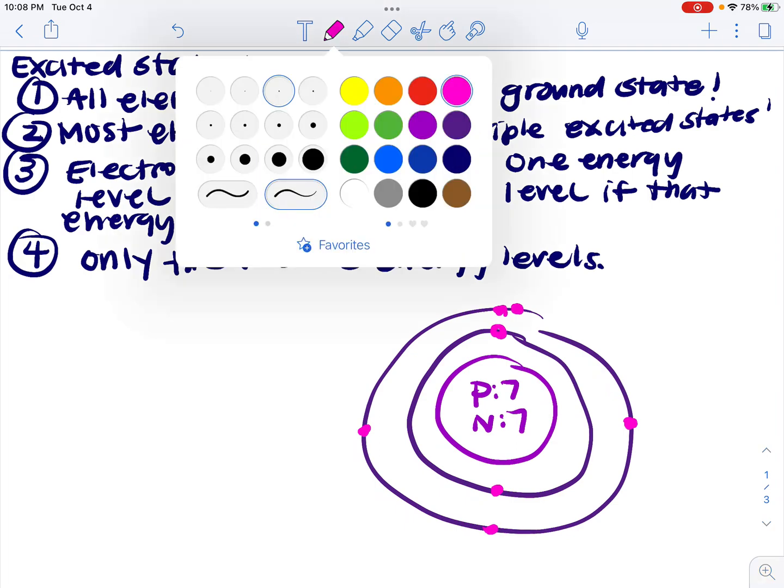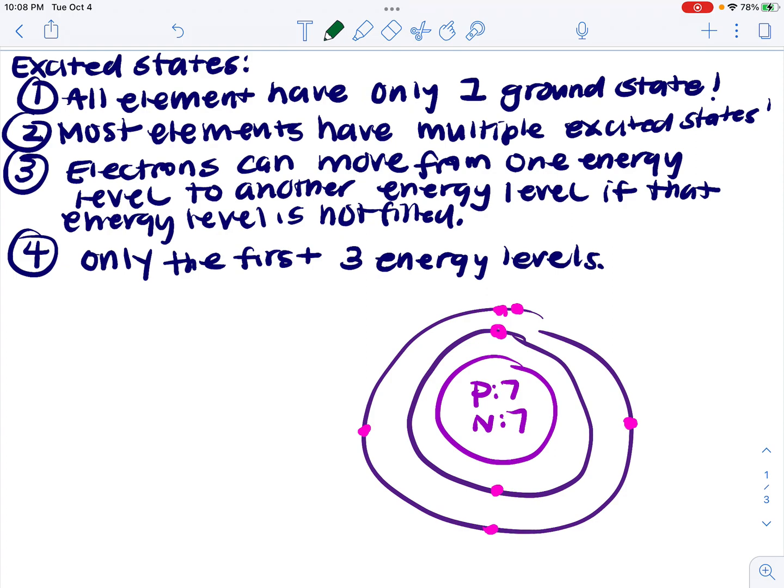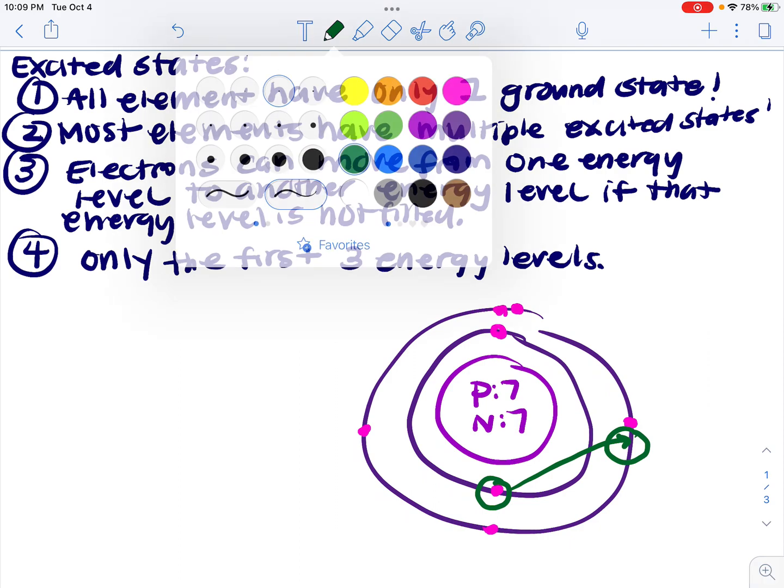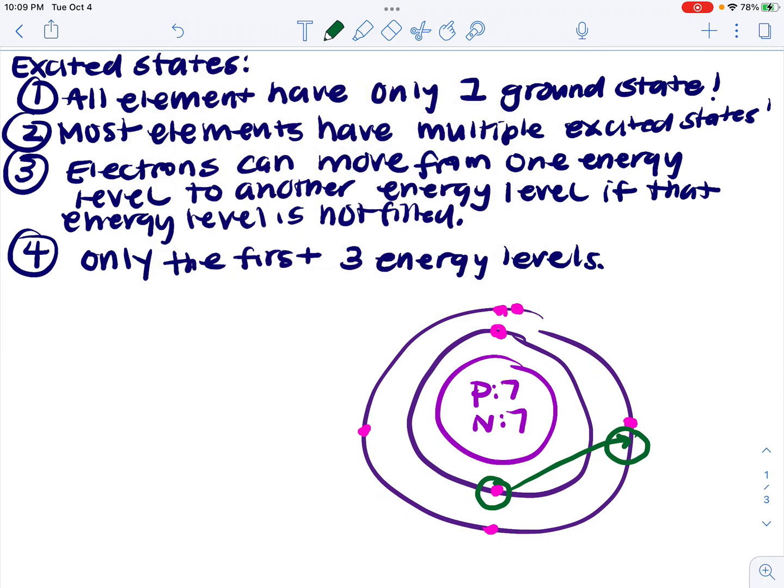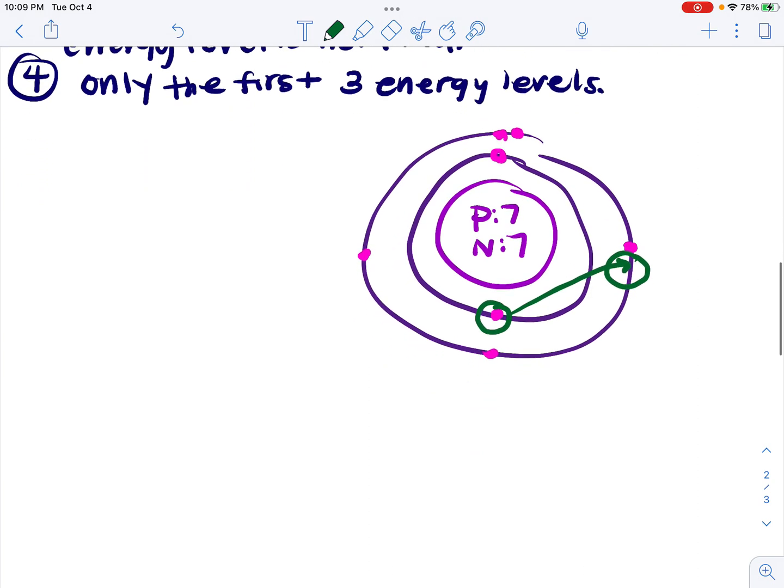So it is possible for this atom of nitrogen to get excited. And when it gets excited, it's going to allow electrons from our first energy level to go into an empty pocket in the orbital above it.